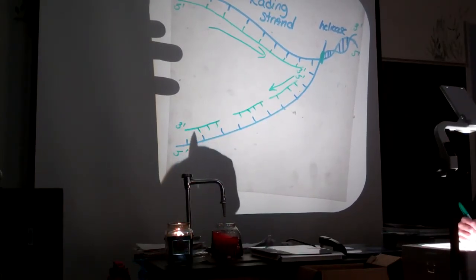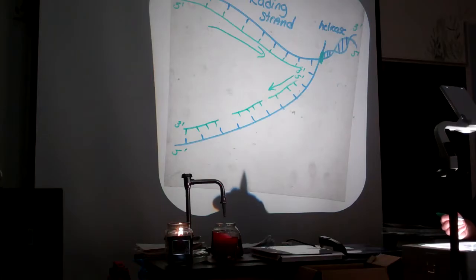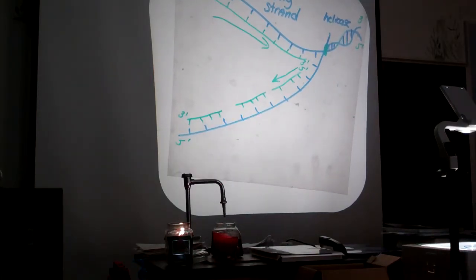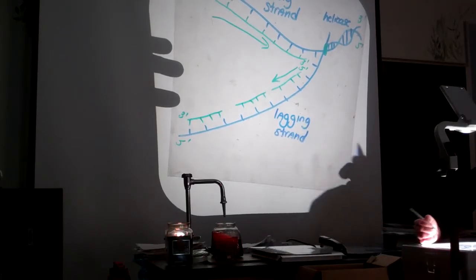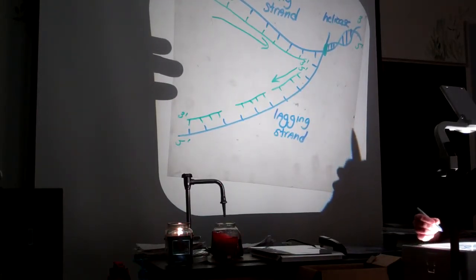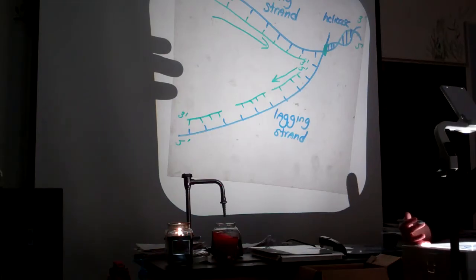This is hard to see until you see an animation, which I'm about to show you. This is called the lagging strand because it takes longer for this strand. It lags behind, because it has to be built in fragments.